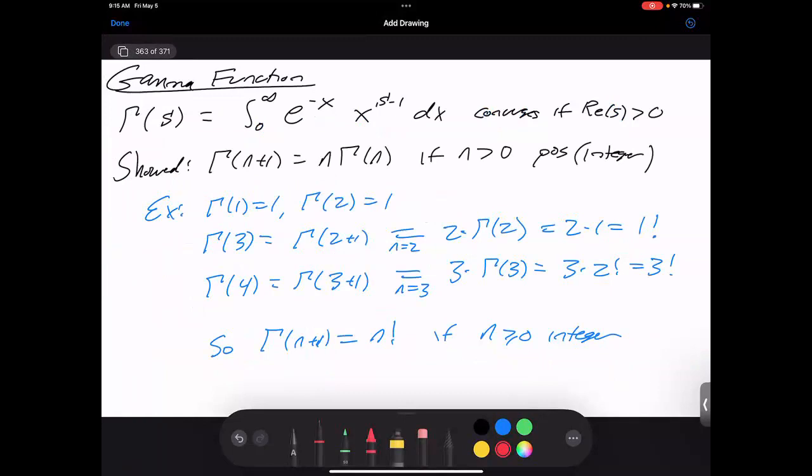Can somebody tell me the combinatorial meaning of n factorial? What does n factorial mean? That's what it means algebraically. It's n times n minus 1 times n minus 2. But combinatorially, what does n factorial represent? So what would 3 factorial represent?